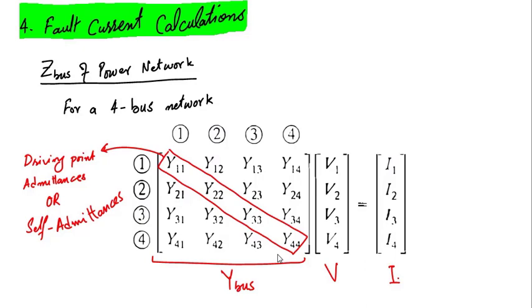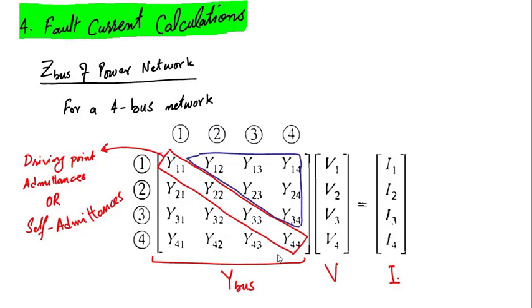For example, Y11 is the sum of all the admittances connected to bus number 1 in the system, whether between bus 1 and any other bus or between bus 1 and ground. Similarly Y22 is the sum of all the admittances connected to bus number 2. And here are the off diagonal entries, Y12, Y13, Y14 and so on.